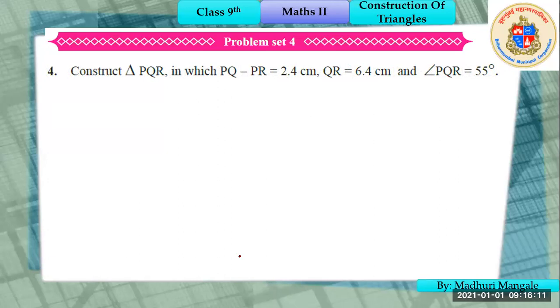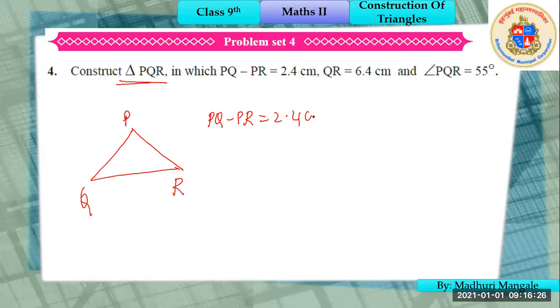So straight to question number 4, we start with drawing the rough diagram. So we are asked to construct triangle PQR in which PQ minus PR equals 2.4 centimeters. It's greater minus smaller. That means PQ is the greater side. And we know if the left hand side is greater, then the construction will be done above.